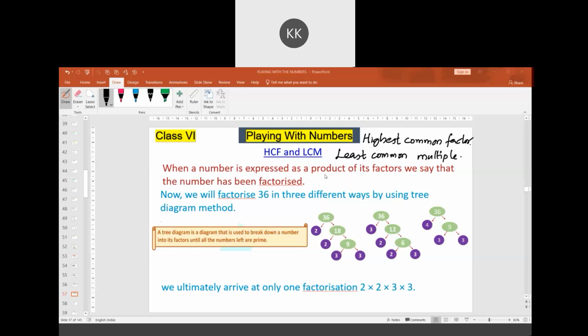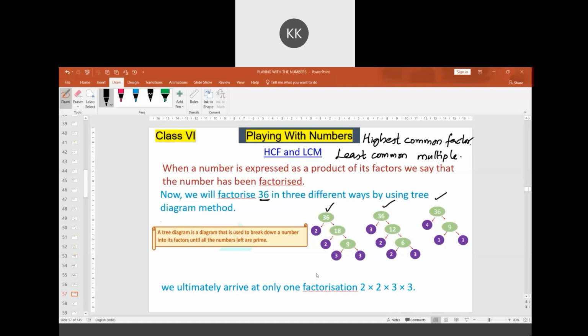When a number is expressed as a product of its factors, we say that the number has been factorized. Suppose you consider the number 36. This 36 can be expressed in these three tree diagrams.